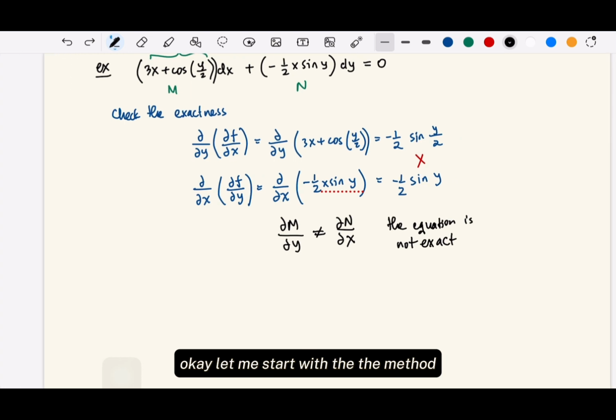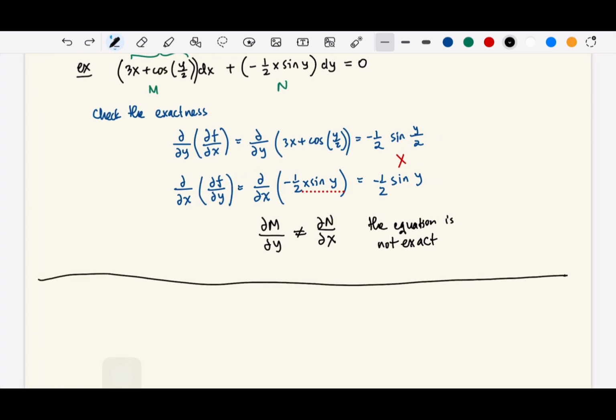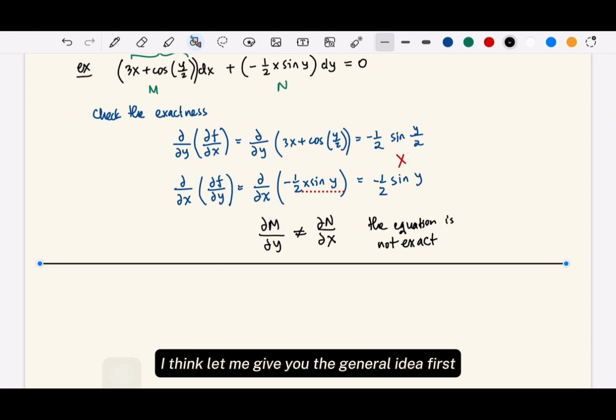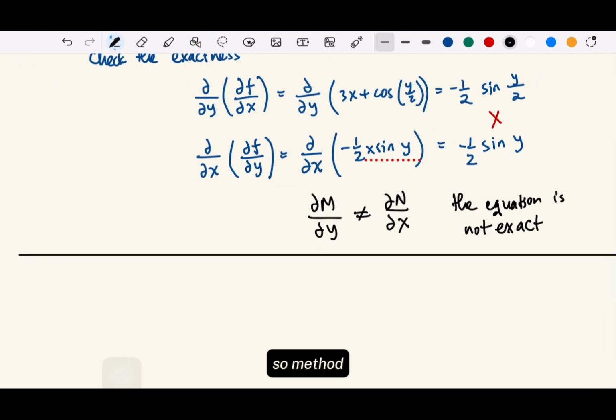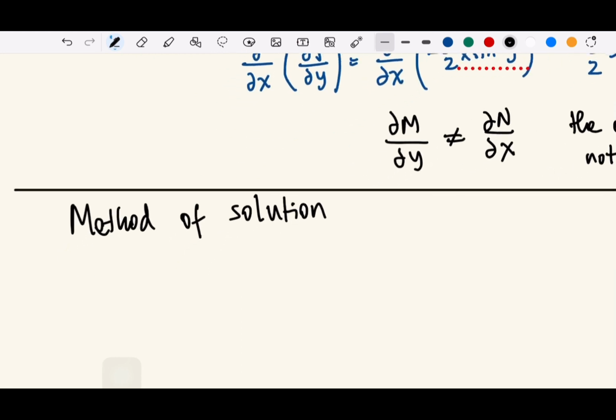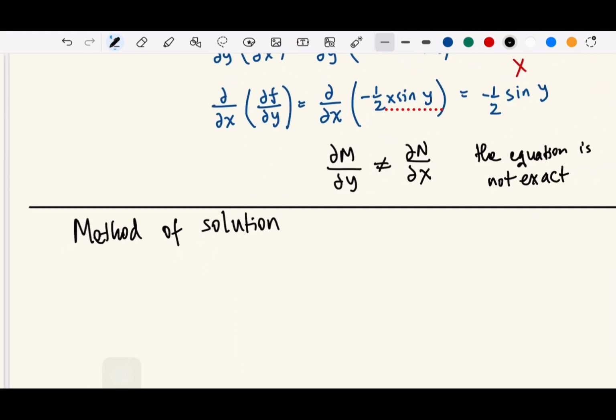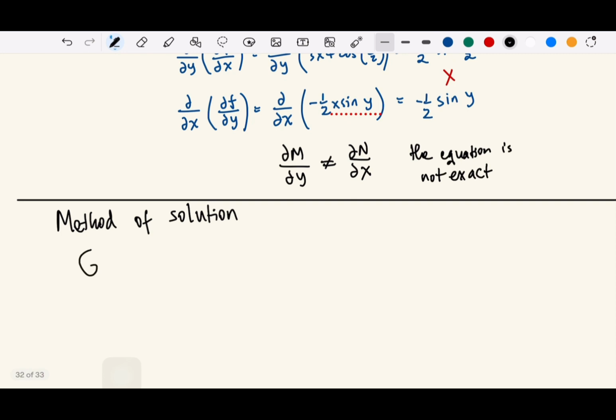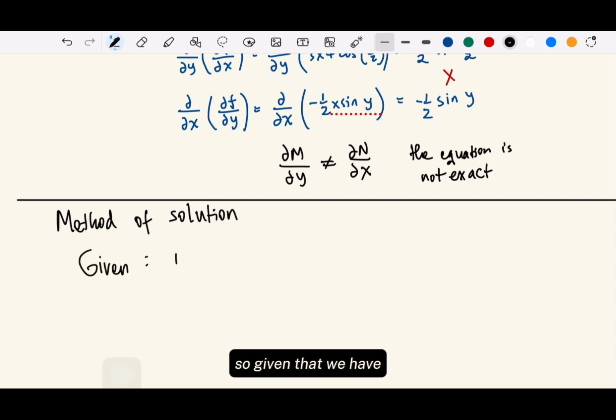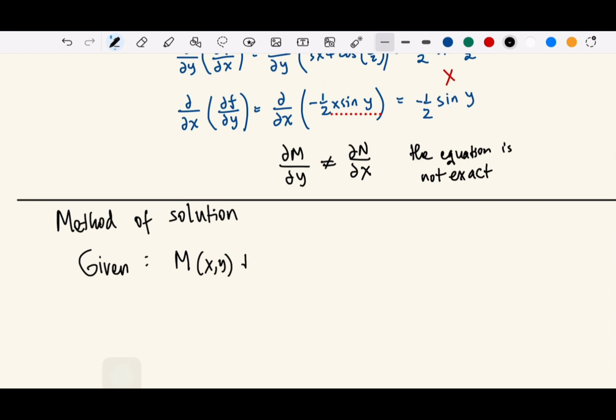Okay, let me start with the method. Let me give you the general idea first. So, method of solution. Given that we have M dx plus N dy equals 0.